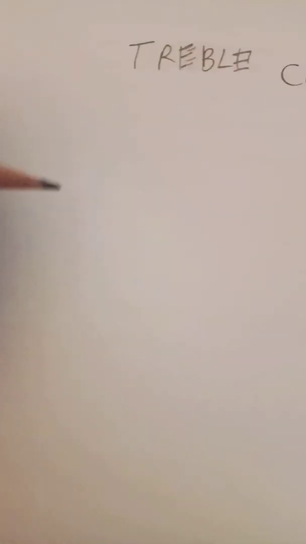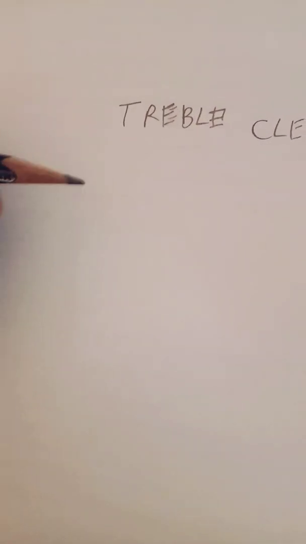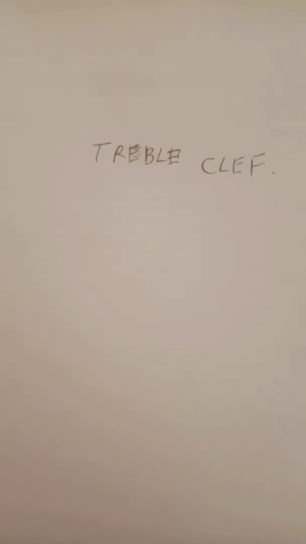I have a piece of blank paper here. Now how do I trace the treble clef? I'm just going to be writing it here. I'm holding the phone with one hand and I'm writing with the other, so please pardon me. So, make a practice of drawing the treble clef, just do a few repetitions of drawing it.